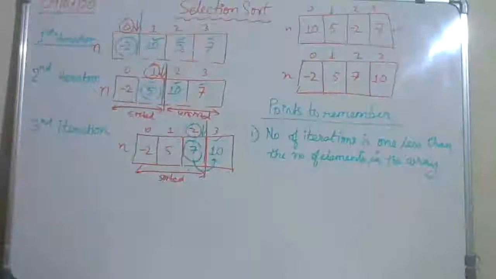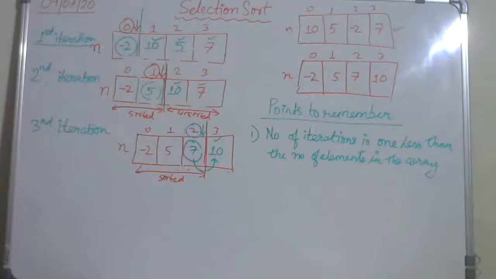So to not confuse it, let us write the whole thing: the number of iterations is 1 less than the number of elements in the array. So that's the first point that we need to remember. The number of iterations for selection sort is one less than the number of elements in the array.